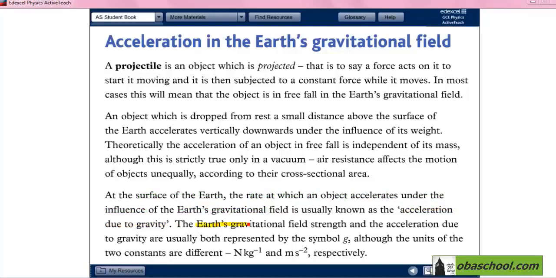The Earth's gravitational field strength and the acceleration due to gravity are usually both represented by the symbol g. Although the units of the two constants are different, one is newton per kilogram and the other is meter per second squared, respectively.